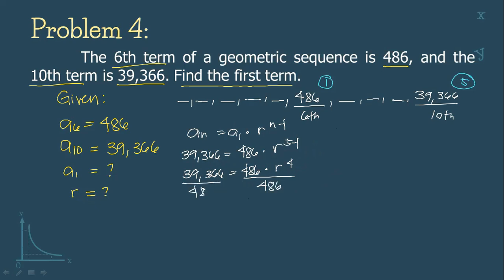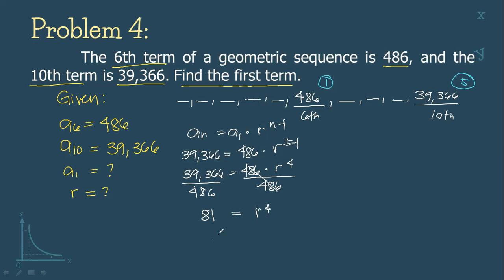So, dividing both sides by 486, 39,366 divided by 486, that is equal to 81. So meaning to say po, we have here 81 is equal to R raised to 4.